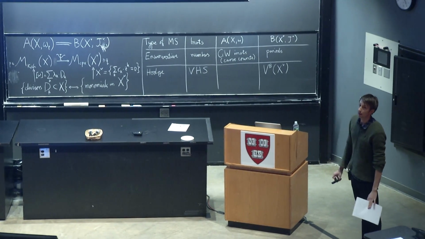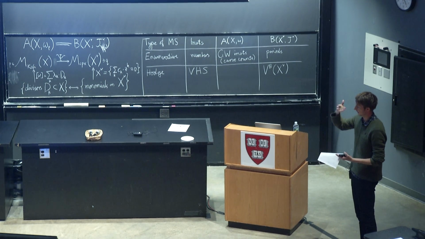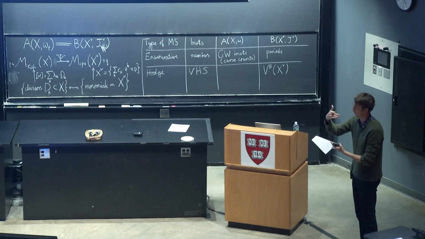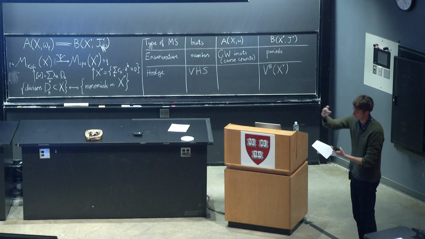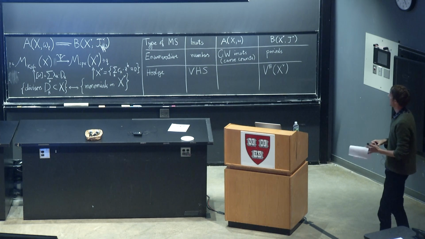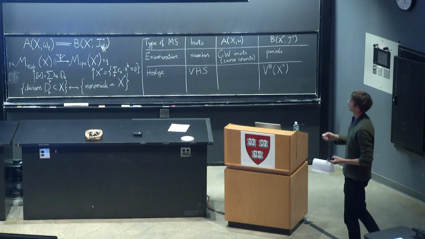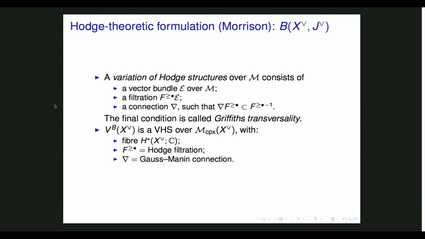The filtration we look at is the Hodge filtration, so the filtration induced by only looking at de Rham forms of degree greater than or equal to something. And the connection is the Gauss-Manin connection, which just says if we have a family of complex structures, the cohomology is varying trivially. So we just define that to be parallel transport, the given trivialization of cohomology of X check.